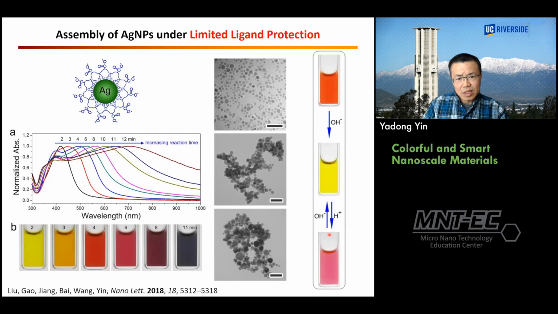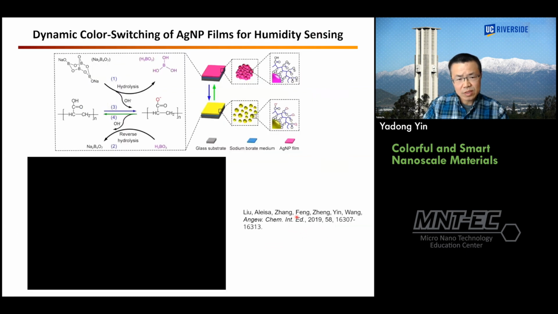So you can do many cycles of this kind of color tuning just by changing the chemical environment. And we went further, and we coupled this nanoparticle aggregation behavior with the hydrolysis reaction of sodium borate. I'm not going to go into the detail, but this sodium borate, when it sees water, releases hydroxide anions, and the hydroxide will deprotonate the acid and help us to separate particles.